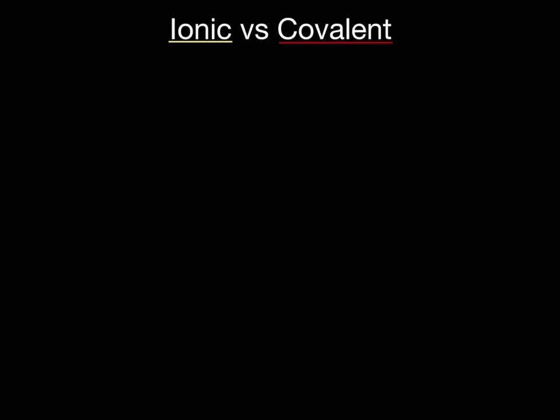So now let's say we have a bond between a hydrogen atom and a fluorine atom. What's going to happen is that each of these is going to donate one electron, and then they're going to form a bond made up of those two electrons.